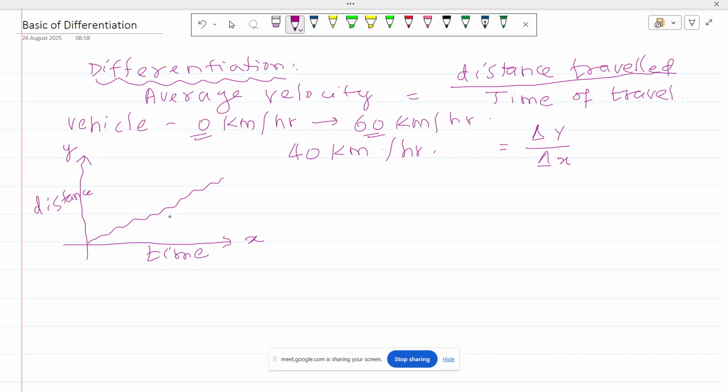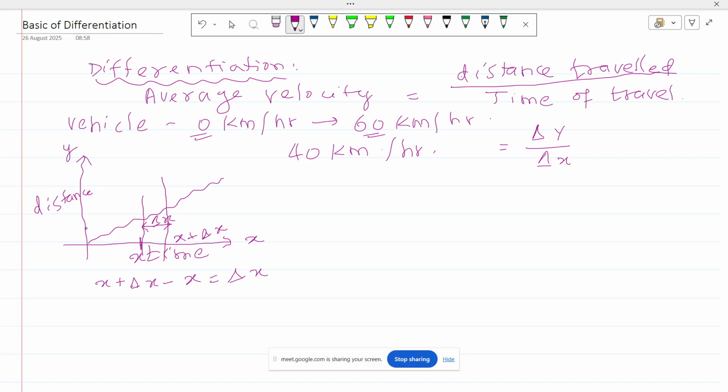What is this delta y by delta x? Here we take some x, and here we take x plus delta x. So what is this distance? This distance is x plus delta x minus x, which is equal to delta x.